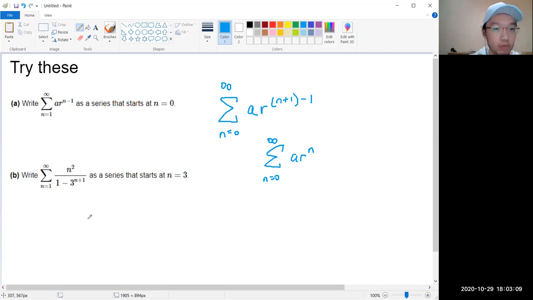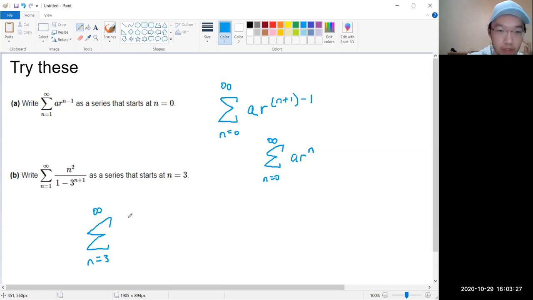So this one wants you to move the starting index from 1 to 3. So we're going to start at 3 now. And to go from 1 to 3, you had to add 2, which means we have to subtract 2 from everything.